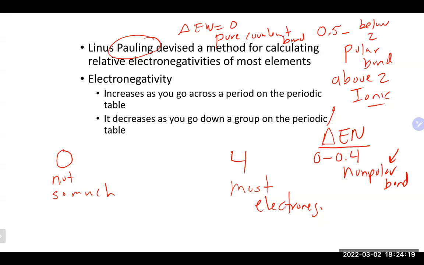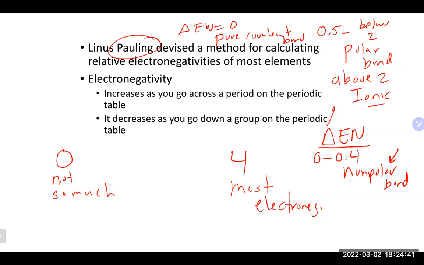Do you really need the electronegativity table to help you with an ionic bond? The answer is no. All you need to know is that's a metal, that's a non-metal, that's an ionic bond. You don't actually need the values to do that. In a lot of cases, you could use the general trend for electronegativity to help you figure it out. And we'll see some examples here in just a second.